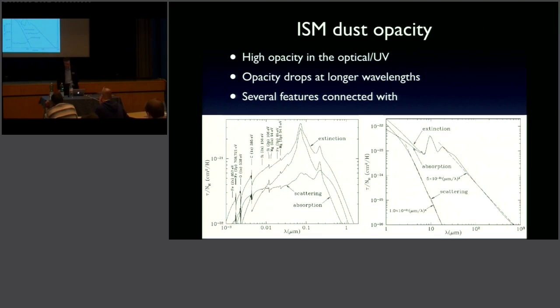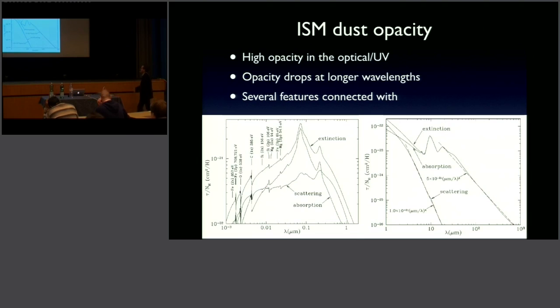The key feature is that it has a high cross-section, so a lot of absorption in the optical and ultraviolet. And then the cross-section falls down at high energy and at very low energy, so in the infrared and in the millimeter. Okay, so these are, as I said, for the interstellar medium dust.